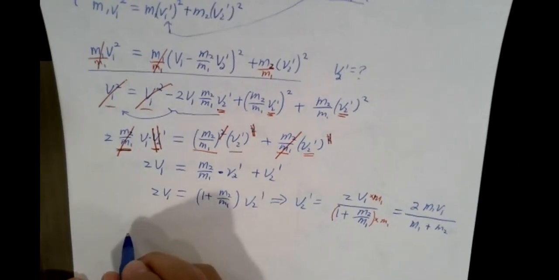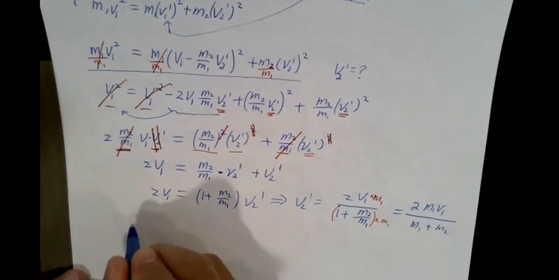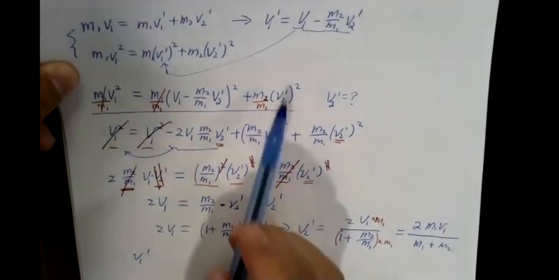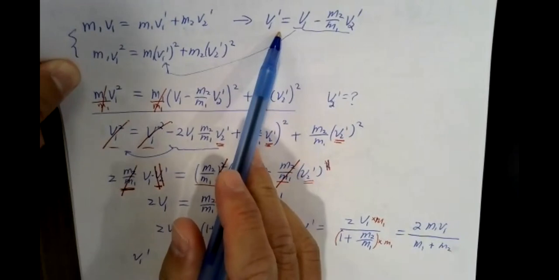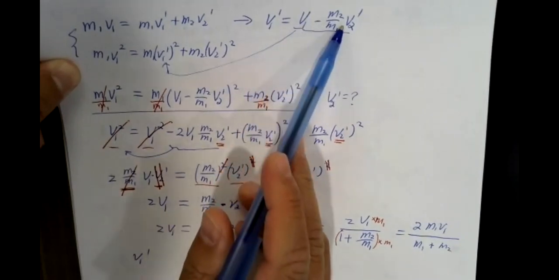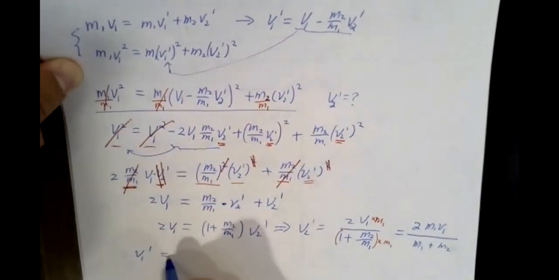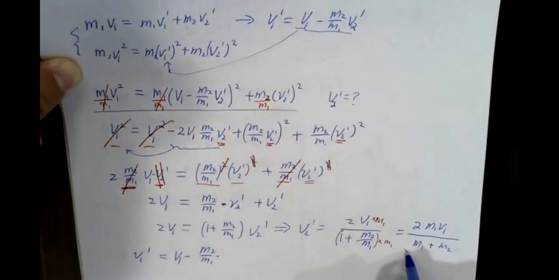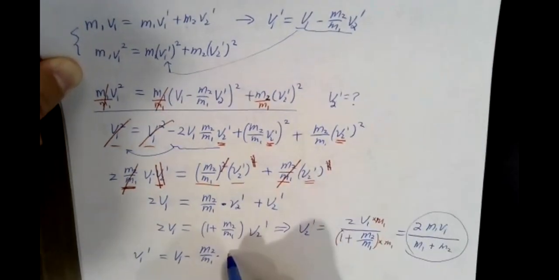And so then for v1 prime, it's going to be that guy up there. Okay, so v1 minus that is v1 minus m2 over m1 times the v2 prime. Now you can take this expression times the v2 prime, which is 2 times m1 v1 divided by m1 plus m2.